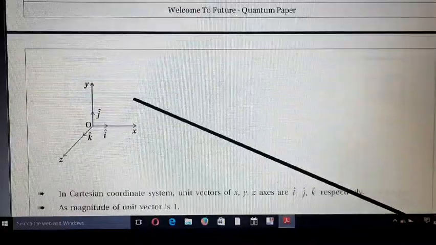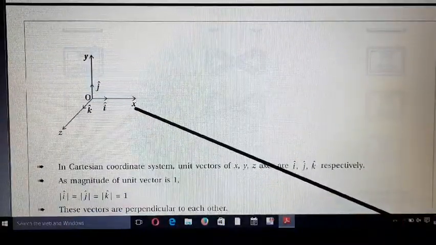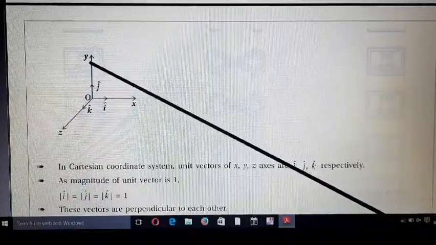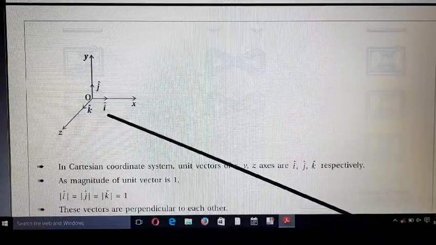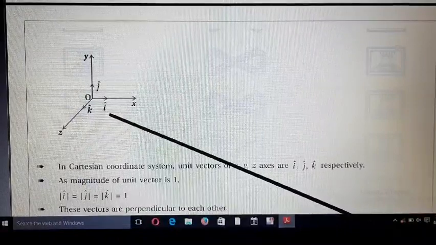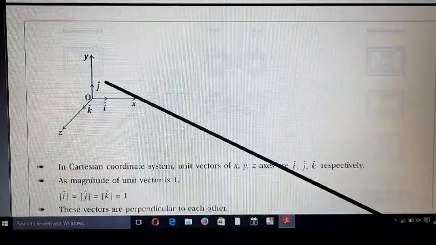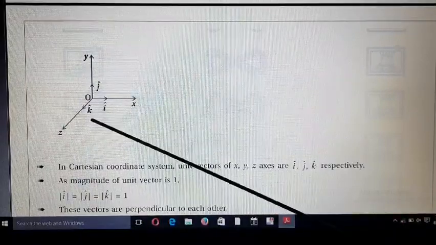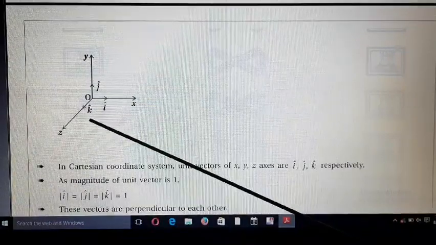Look here, here O is the origin, this is the x-axis, this is the y-axis and this is the z-axis. Here i caret is the unit vector of x direction, j caret is the unit vector of y-axis and k caret is the unit vector of z-axis.